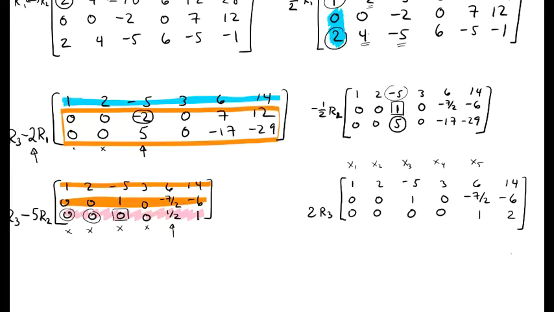So we now have our matrix in row echelon form, and it will now be a lot easier to recover the solution set using what's called backward substitution. So we'll start with the last equation. Remember, each row is associated to an equation, and we will move our way up, solving the equation each time for our leading variables.